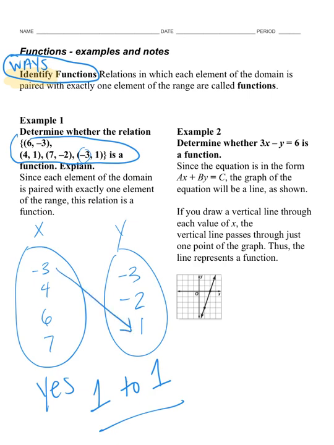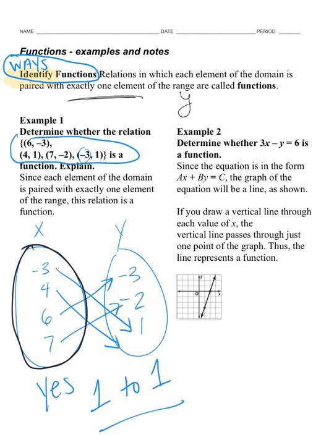I said write them in order yesterday. It's a relation in which each element of the domain is paired with exactly one element of the range. The range is the y values, and the domain is your x values.